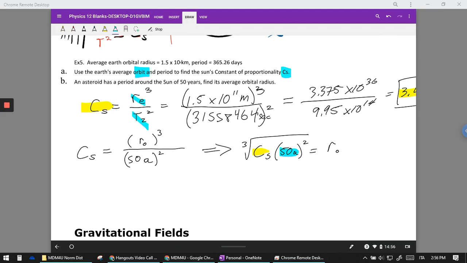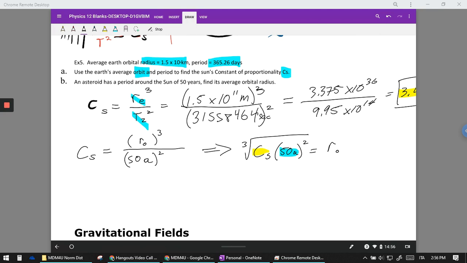We've got the radius here, we've got the period here, and we're going to find the constant of proportionality for the sun, which is this value. It's equal to the average radius cubed divided by the period squared.